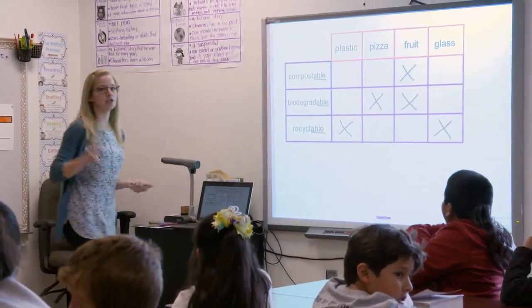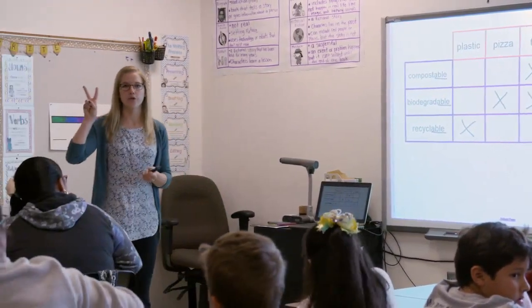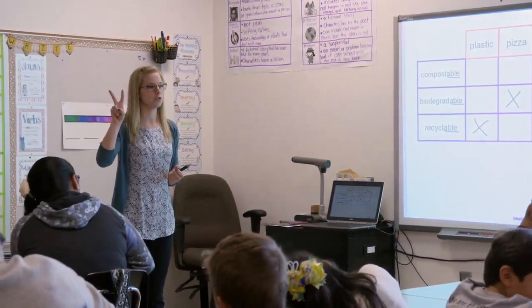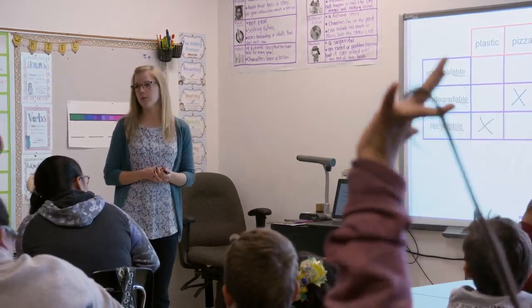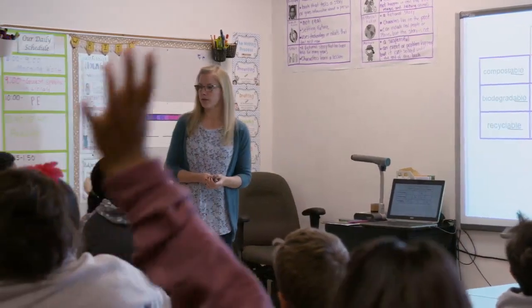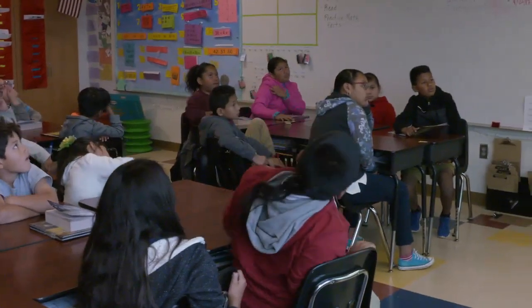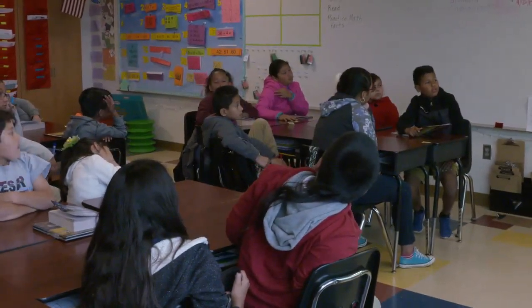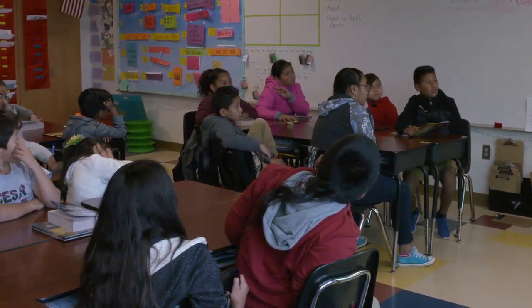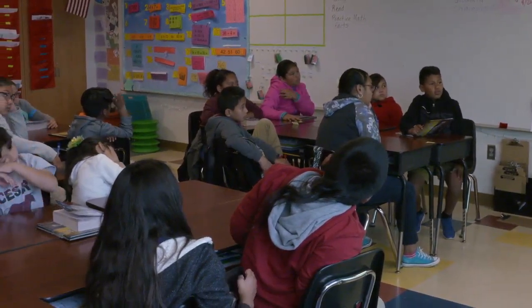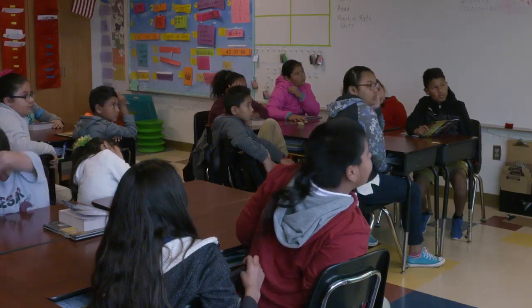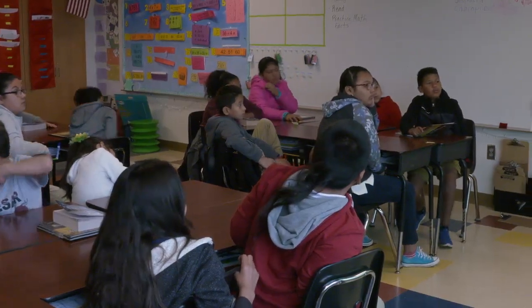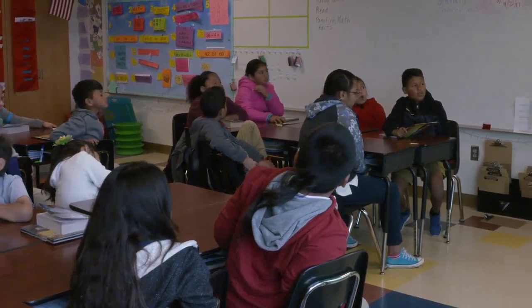Okay? Who can tell me two things about fruit? What are two things that we can do to fruit? Or two things that fruit are capable of doing? Joshua. Fruit is biodegradable, and you could eat it.